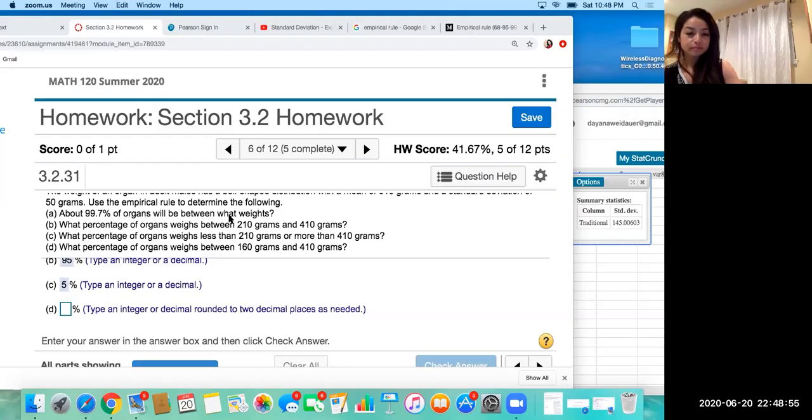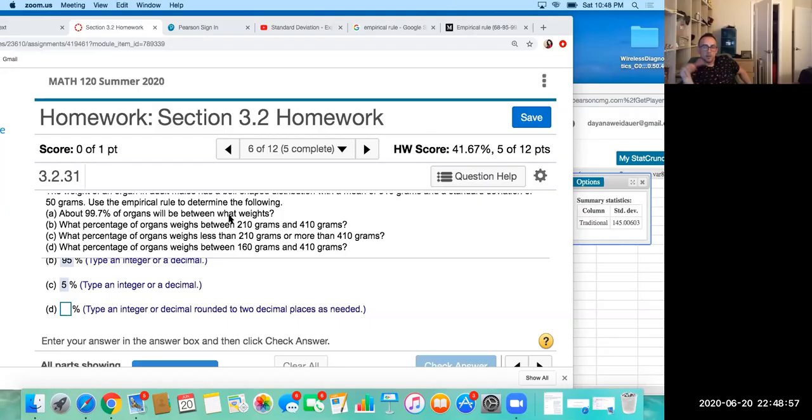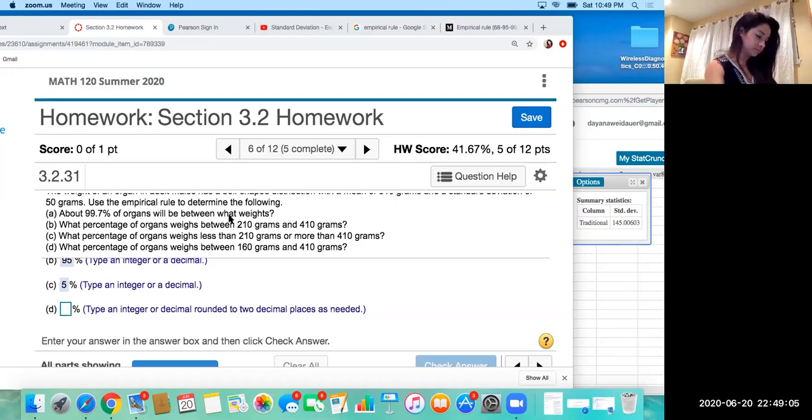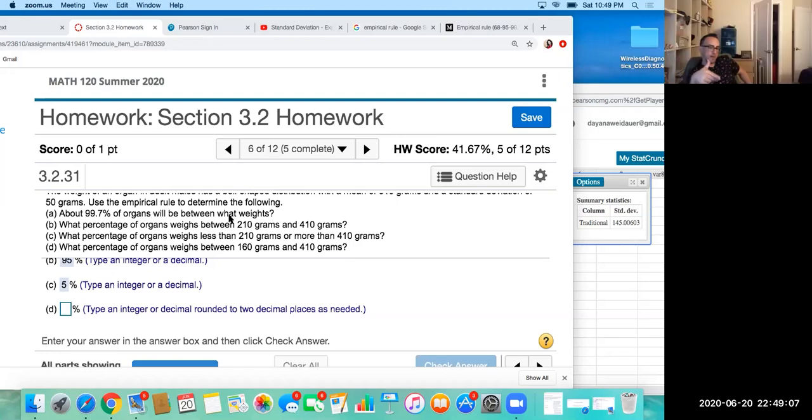Like I was saying, to the right of 410 is 2.5%, and to the left of 160 would be 0.15%. So 2.5 plus 0.15 is 2.65. If you do 100 minus 2.65, you get 97.35. Try that, 97.35.